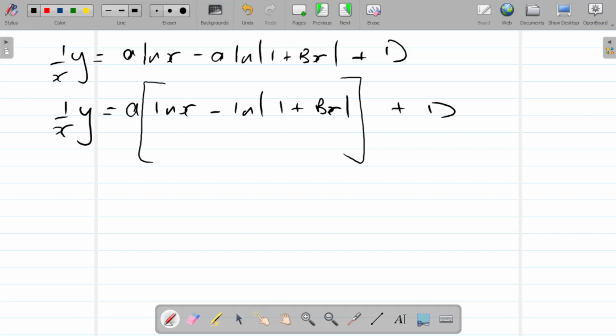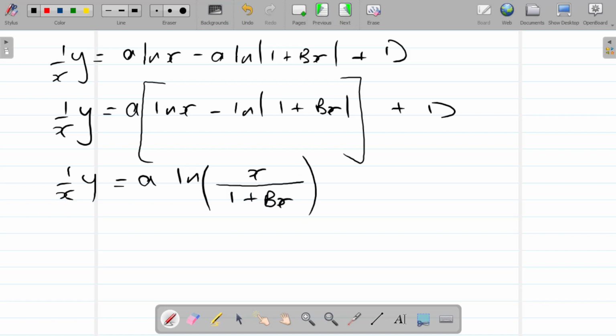outside the brackets. So now we've got 1 over x y equals a times, well, by the laws of logarithms, we've got the logarithm of x divided by 1 plus bx.